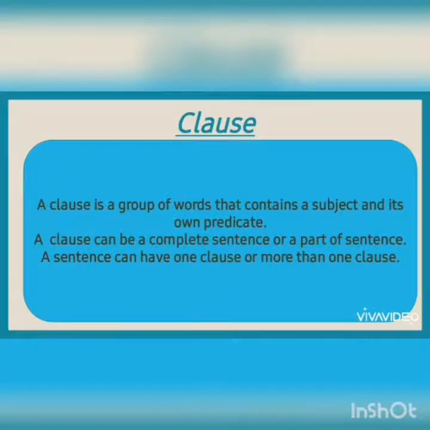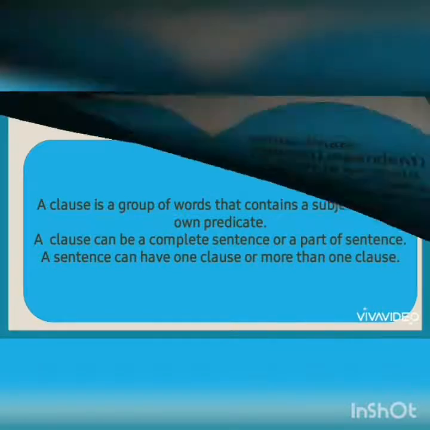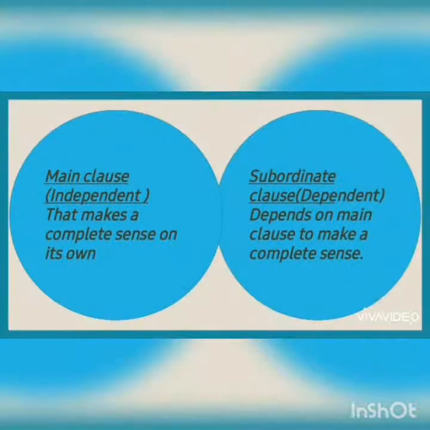Clause. A clause is a group of words that contains a subject and its own predicate. A clause can be a complete sentence or a part of a sentence. A sentence can have one clause or more than one clause. These are the types of clauses.